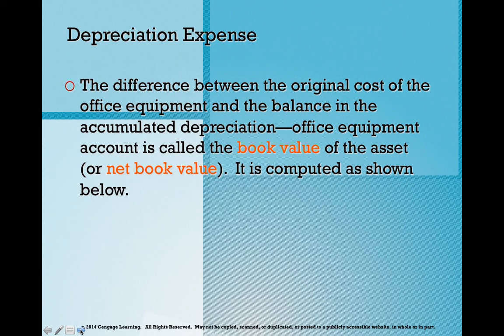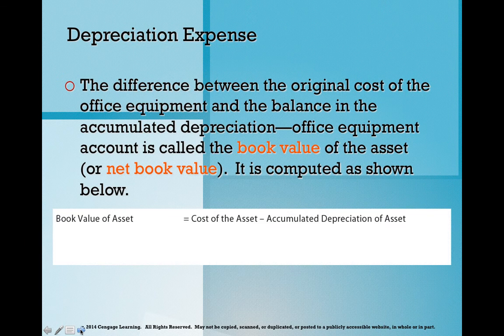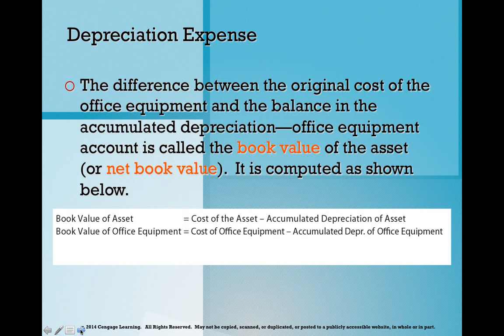Okay. So the difference between original cost and all depreciation taken is called book value. So cost minus depreciation equals the book value of an asset. You want to make sure you know that. They're just basically saying equipment's cost was $1,800.